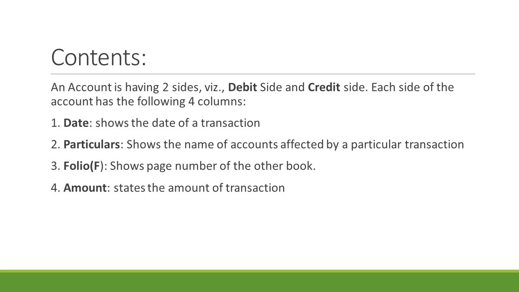It means the page number of the other book from where the entry has been transferred or posted. And in the last column you have to write the amount. It will state the amount of the transaction. So this is the format of an account.